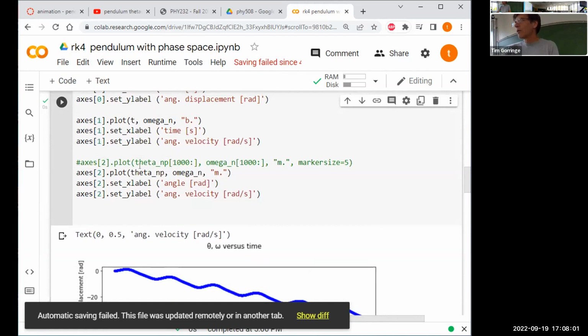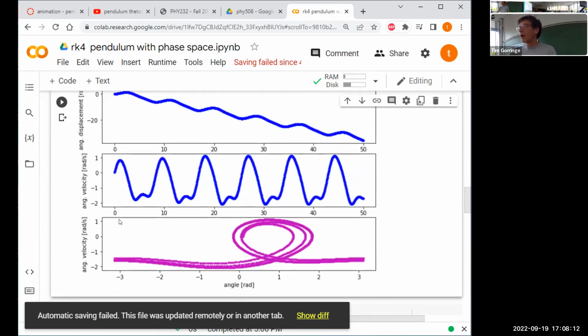If I was to look at the last 25 seconds in the phase space diagram, again with the idea that I'm going to remove some of the transient period, right? There's a transient period in here, but after 20 or 25 seconds, it looks like whatever periodic motion there is, it's periodic. It's not sinusoidal, but it is periodic. It seems to reach that periodic motion.